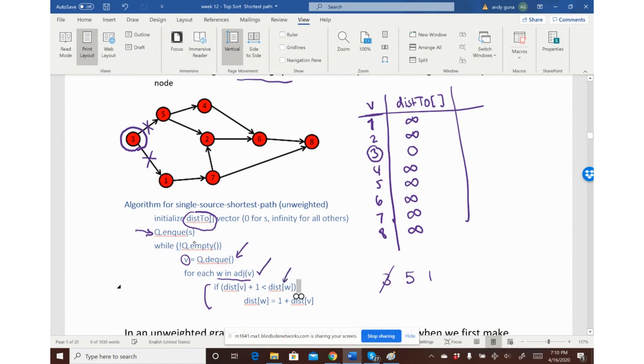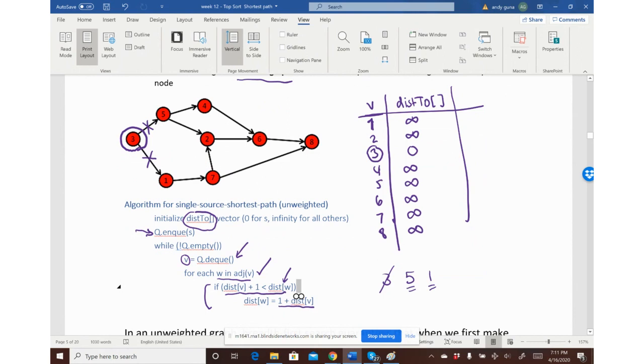For example, in the adjacency list I find 5 and 1, and I find the distance to 5 would be infinity. That's bigger than the distance to V plus 1. So then I set the distance to W to distance to V plus 1. What does that mean?